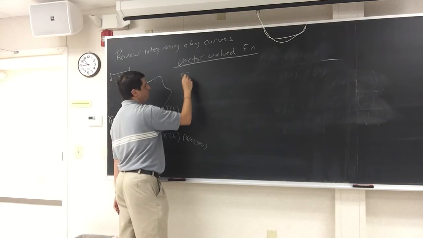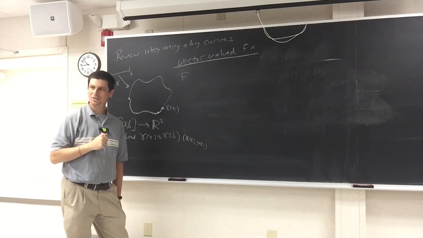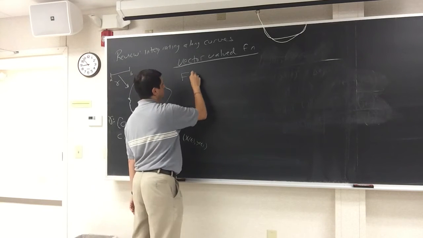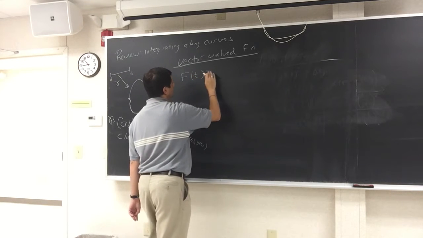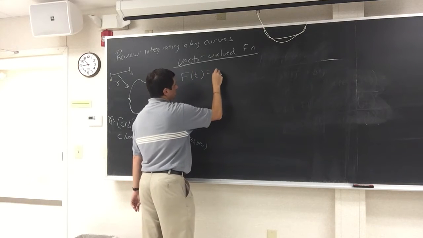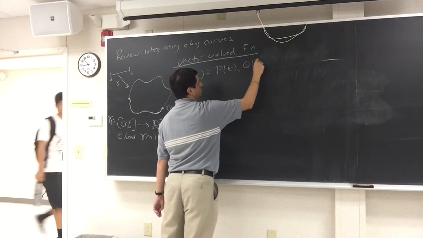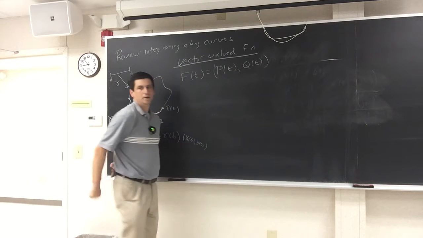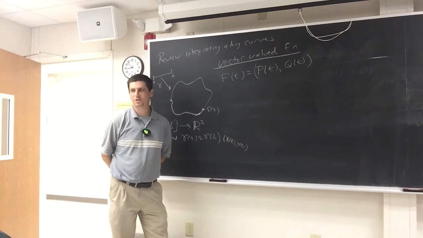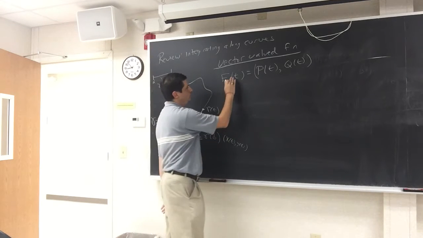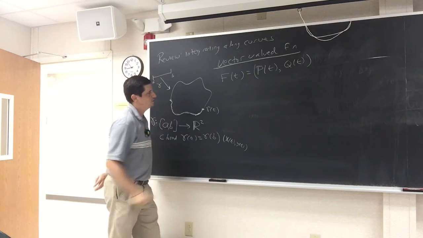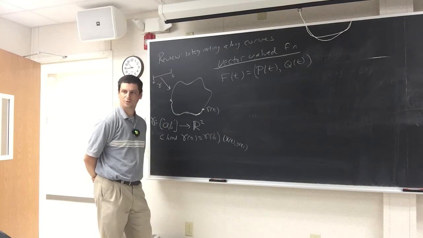Imagine, we'll often use capital letters now, f of t, you can write it as p of t, q of t. But sometimes they put in the gamma explicitly as to where you are. There's sadly lots of different ways you can phrase this.